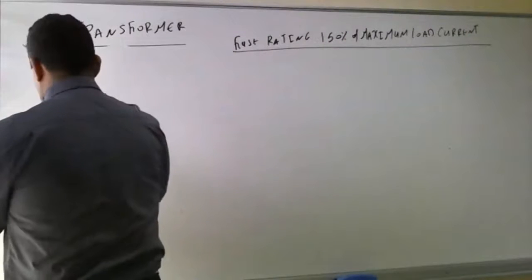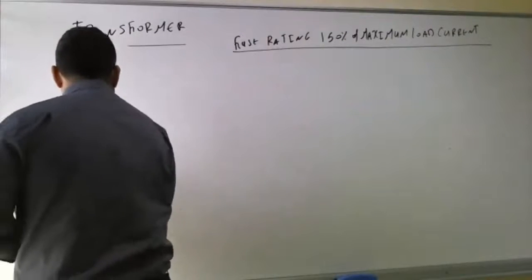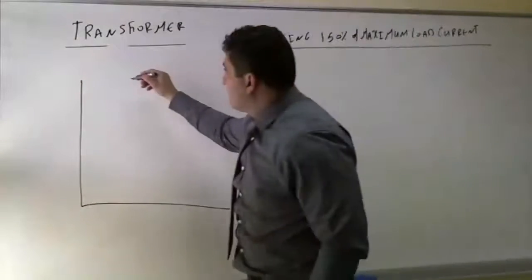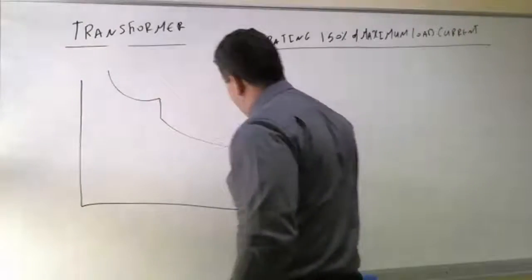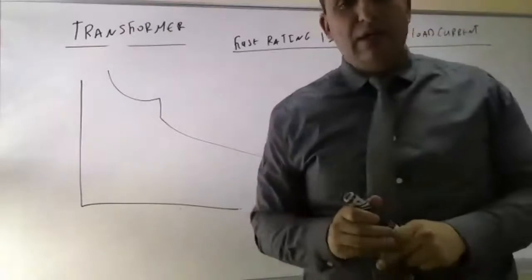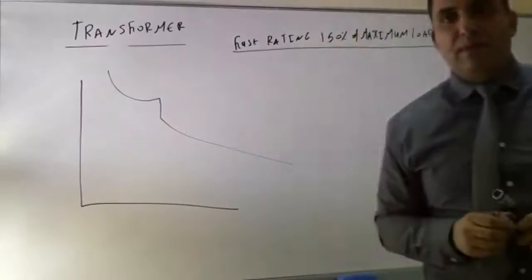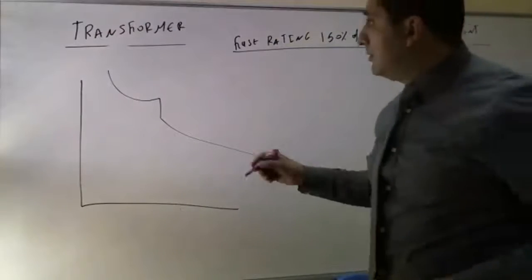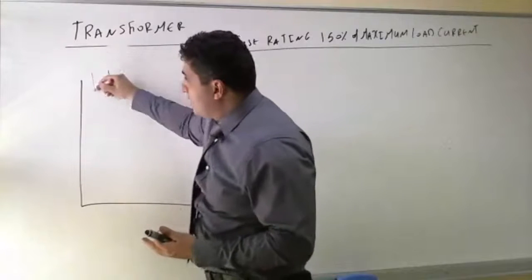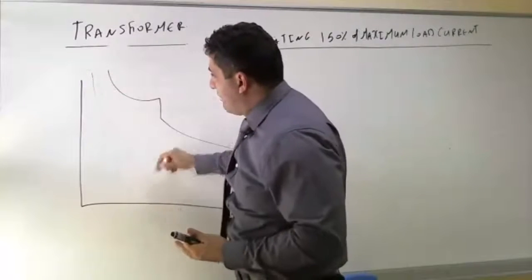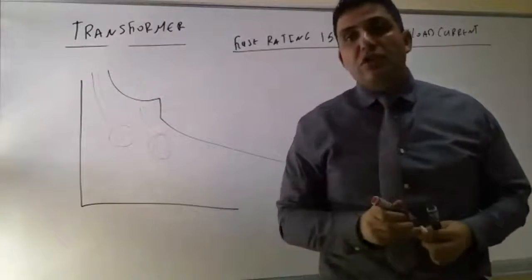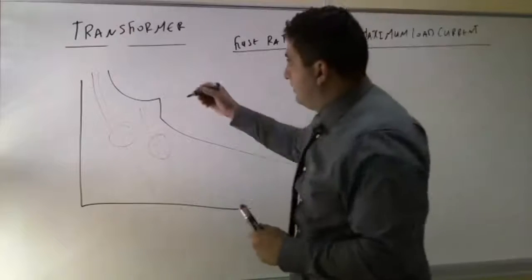For example, let's assume the transformer has a certain fault current capability. Right or wrong, it's outside our discussion now.